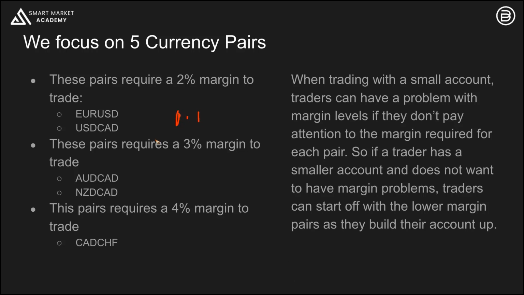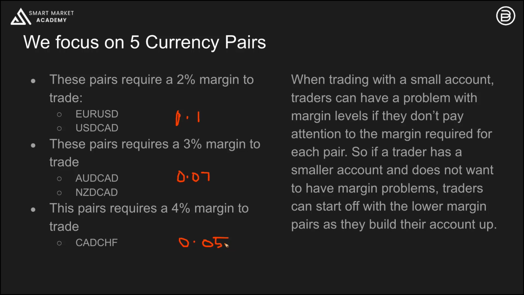But on the 3% margin, you can trade with 0.07. And on the 4% margin, trade with 0.05. That way, traders, you're managing your margin levels by reducing your lot sizes.